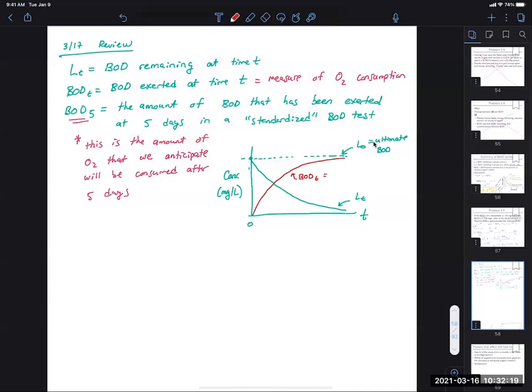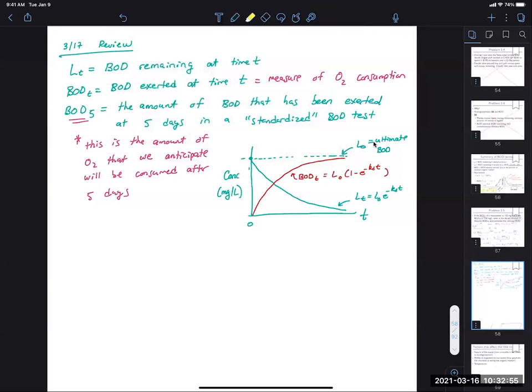And actually the mathematics for this works out so that BOD sub T is equal to L naught times (1 minus e to the negative kd times T), and L sub T is equal to L naught e to the minus kd times T. Now this kd is our first order biochemical oxygen demand rate constant. It basically describes how quickly the microorganisms utilize that BOD.